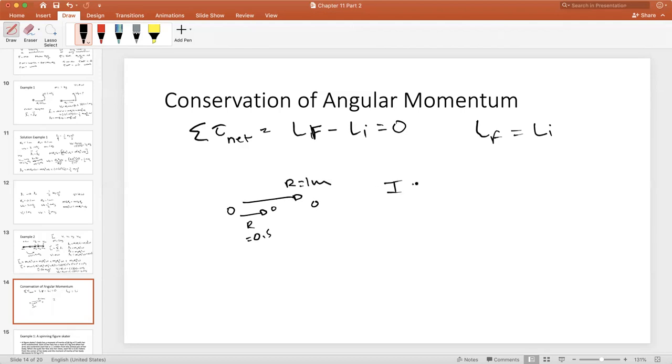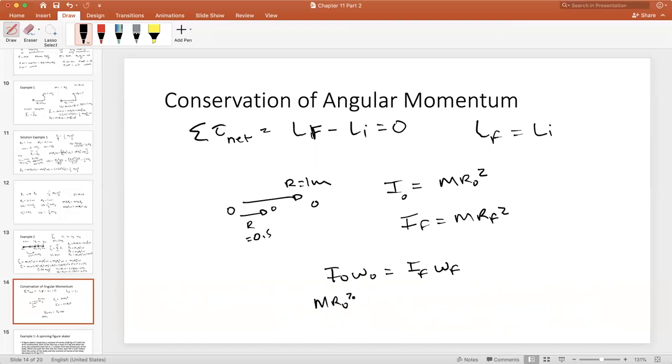The moment of inertia of the object initially was M R initial squared, and the moment of inertia final was M R final squared. So this would say that I initial omega initial is I final omega final, and we see that I initial is M R initial squared, omega initial, equals M R final squared, omega final.